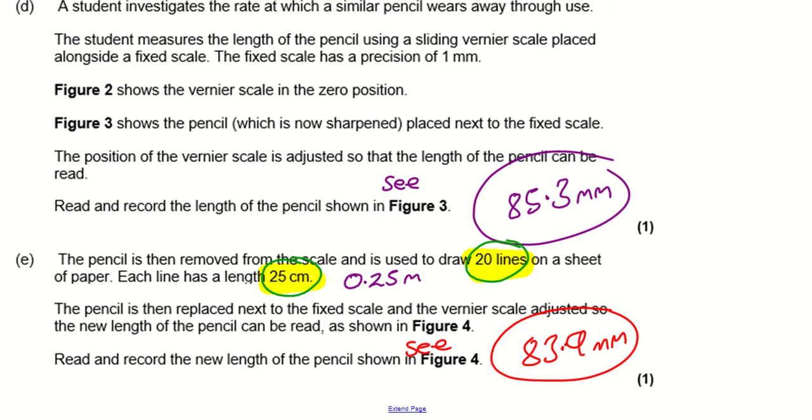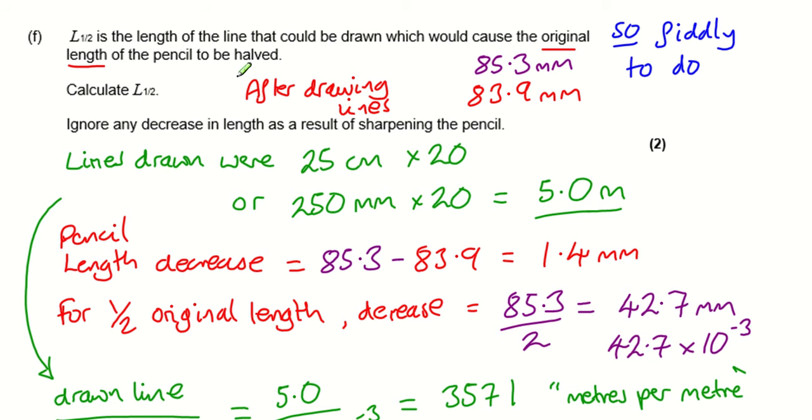Then they want you to work out how long a line you have to draw to get the length of the pencil down to half. I don't know where this comes from. So, that's the length of lines they drew: 250 mil multiplied by 20.